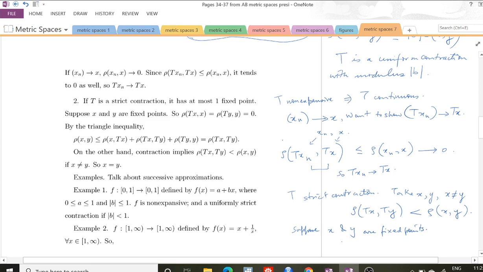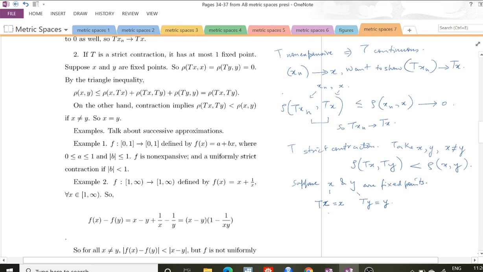By definition, a fixed point of a mapping is a point that the mapping carries to itself. So if I apply the mapping to x, it's not going to change my position. So tx is equal to x, and similarly ty is equal to y.